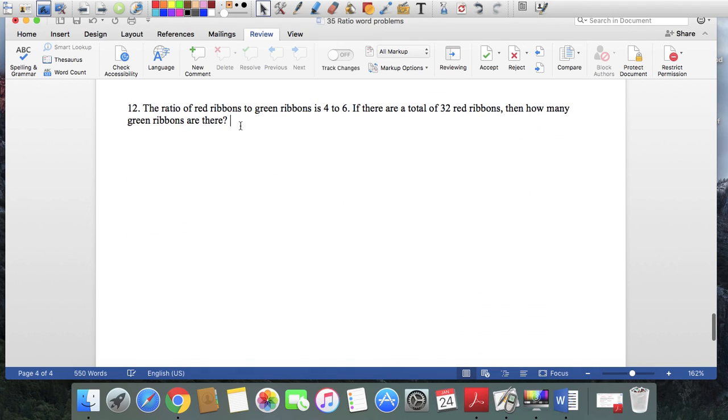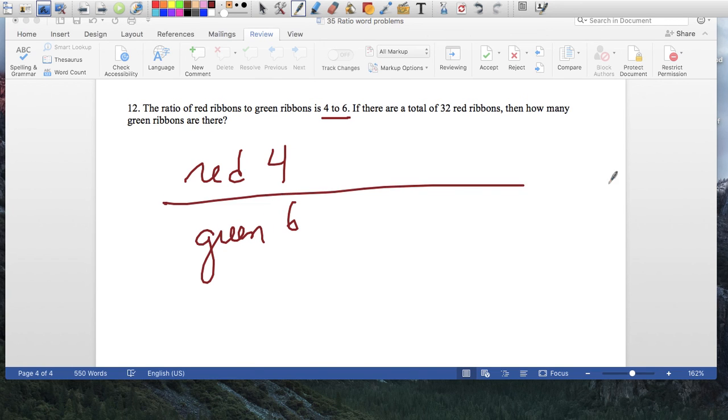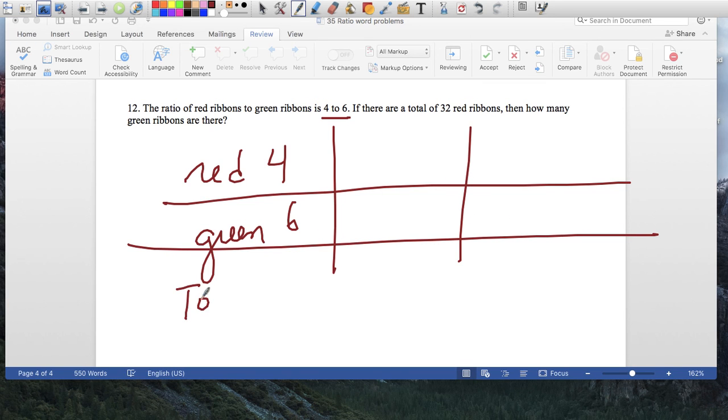Last one, 12. The ratio of red to green ribbons is 4 to 6. So red is 4. Green is 6. You can write a total here if you like. If there's a total of 10. The second part says if there's 32 red ribbons, we're going to put 32.